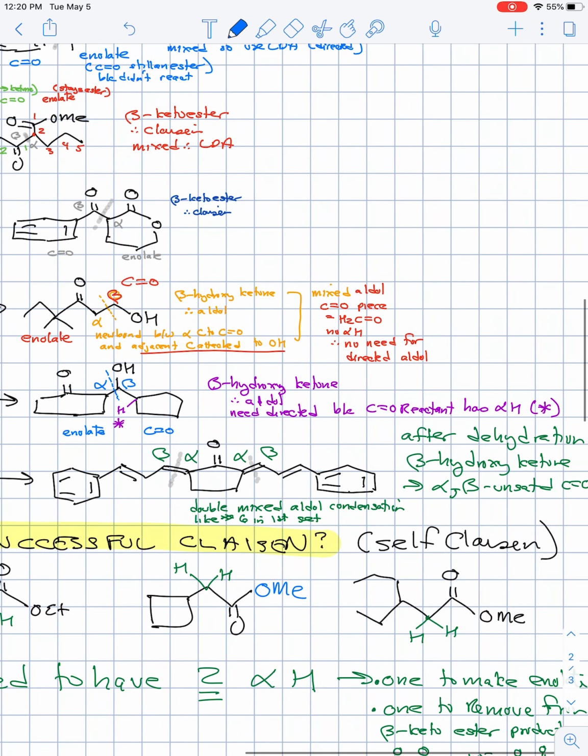So finally, are you ready? Not quite finally. We have this lovely looking thing. And again, this is related to that aldol condensation lab that we do in Chem 24. So this is a double mixed aldol reaction, like the one number 6 in the first set. And normally when you look at the result of an aldol condensation where you've made the double bond, it's really easy to figure out the bond that formed.